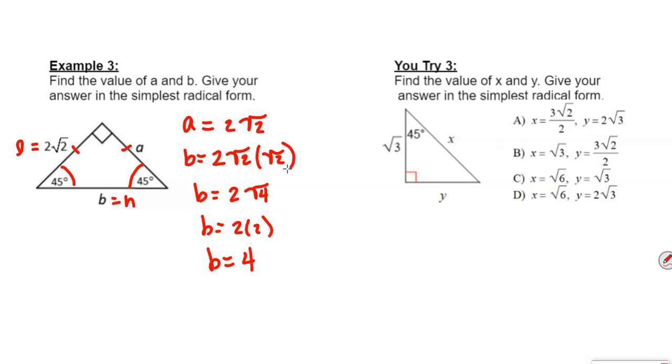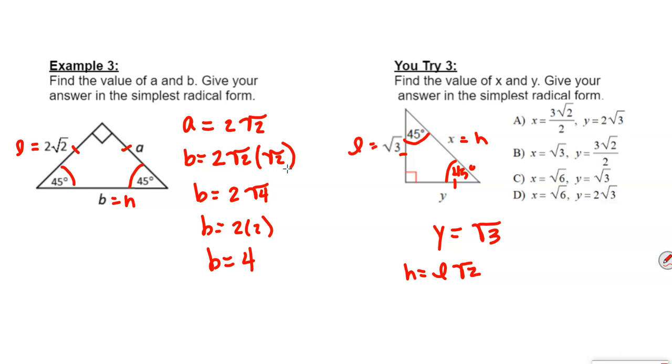Okay, so you try 3 says find the values of X and Y. So here again, if this is a 45, that means this down here has to be 45. These two angles are congruent, so these two sides are congruent. So we could say Y is equal to the square root of 3. And then we're looking for our hypotenuse, right? Again, that formula is H is equal to L square root of 2. Sorry.